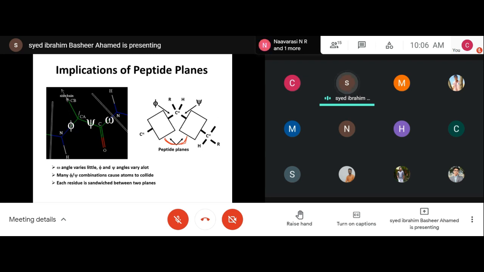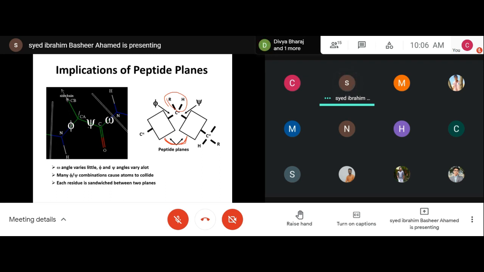You have one plane here, another plane, a peptide bond here, another peptide bond here. So you have a different amino acid, a different side chain here. So you have a phi over here, N to C alpha, this N to C alpha is phi, and C alpha to C prime, that is psi.